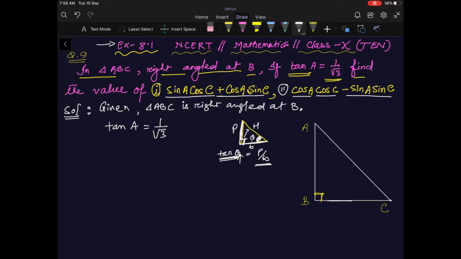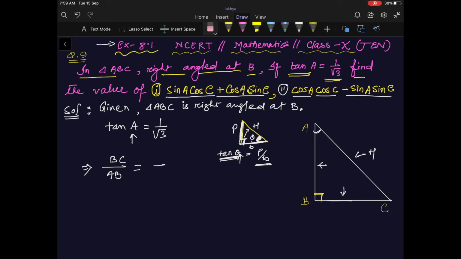Here it is tan A, so we have to consider BC as perpendicular, and base is AB. AC is the hypotenuse here.